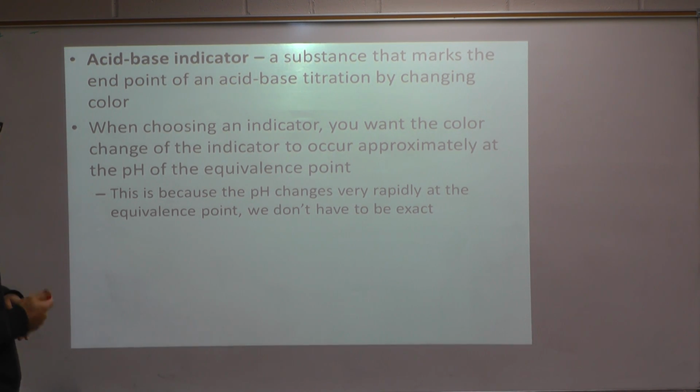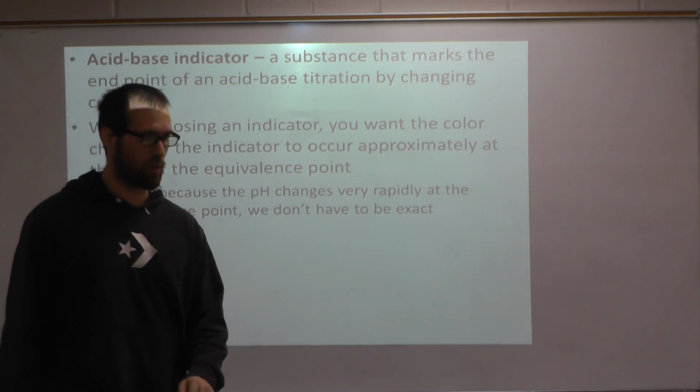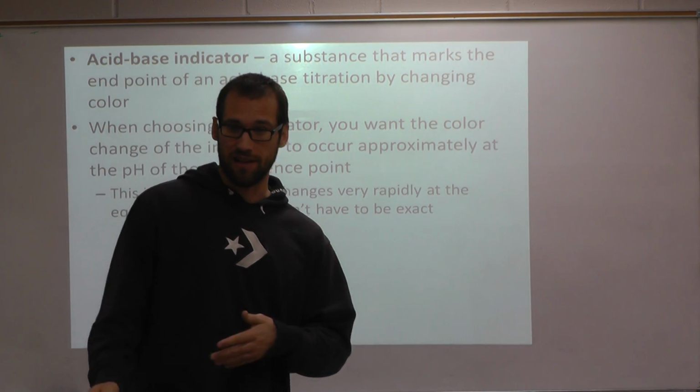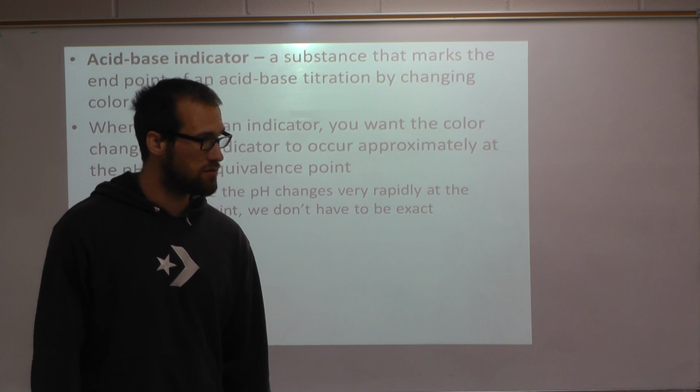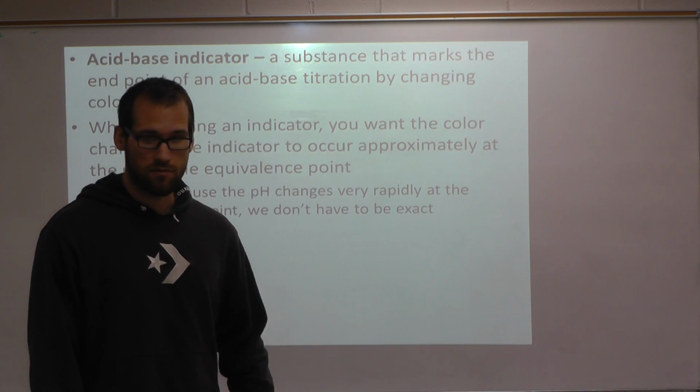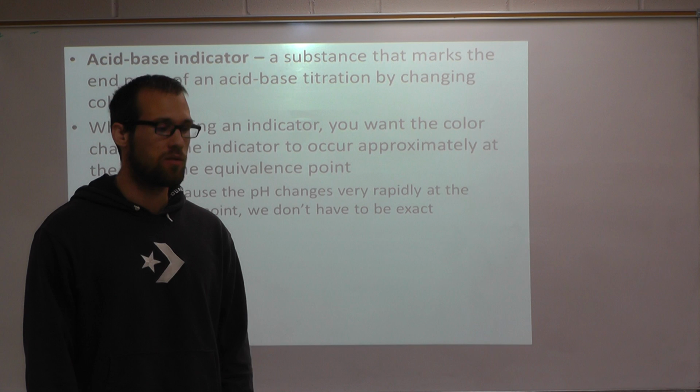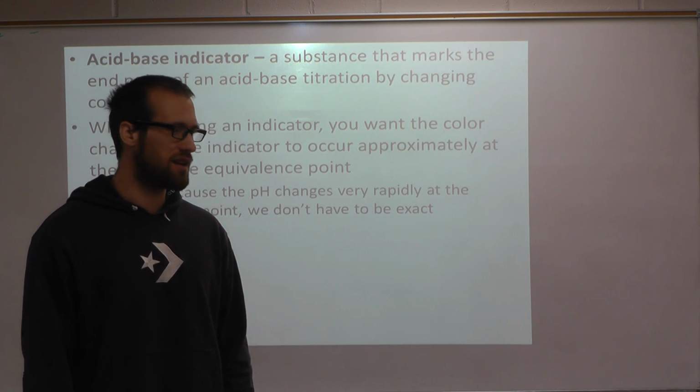Okay? And this should make sense. When choosing an indicator, you want the color change of the indicator to occur approximately at the pH of the equivalence point, so that when you see a color change, you know you're where? Well, at the equivalence point.